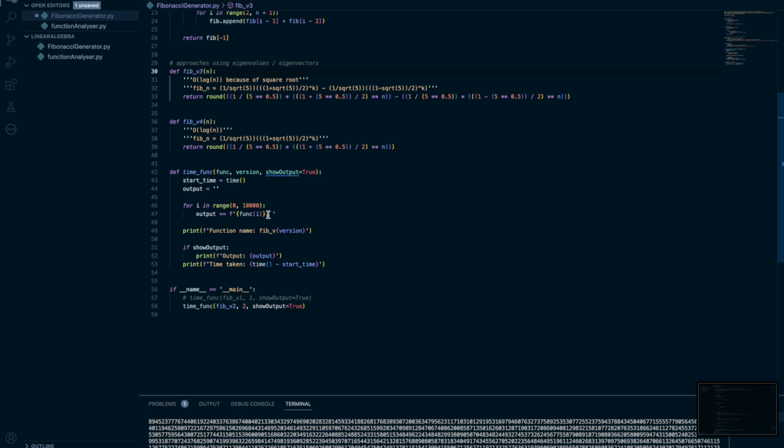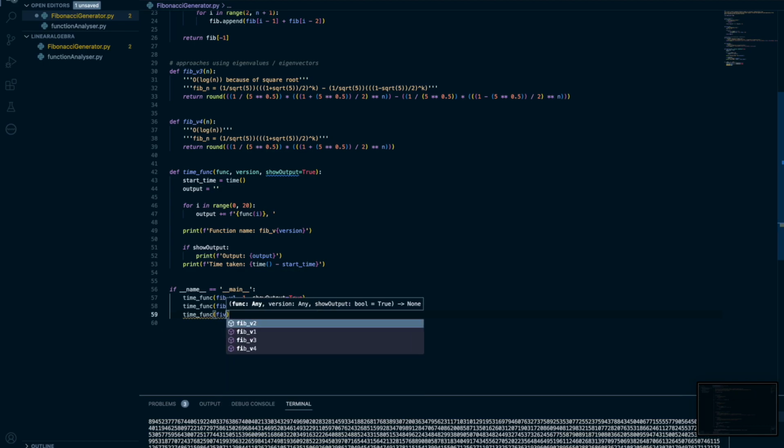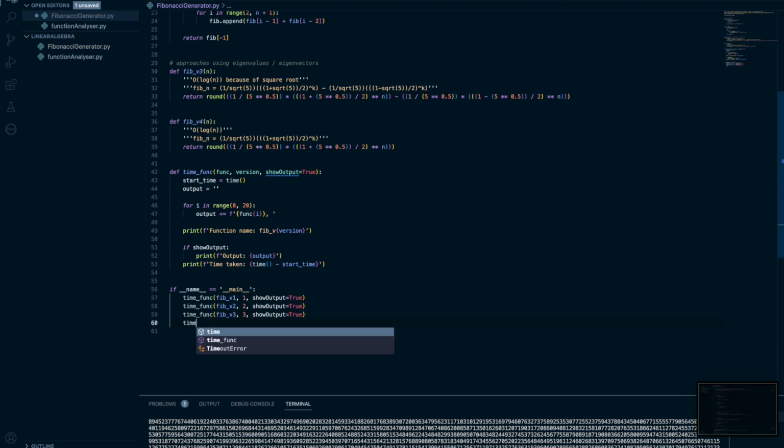So now we can test these versions. If we start with 100 iterations, no, let's start with 20. Now we can put all 4 versions side by side. So let's add version 3, and version 4 as well.